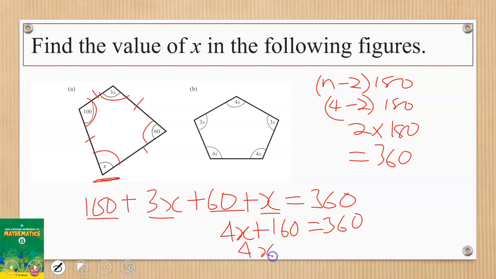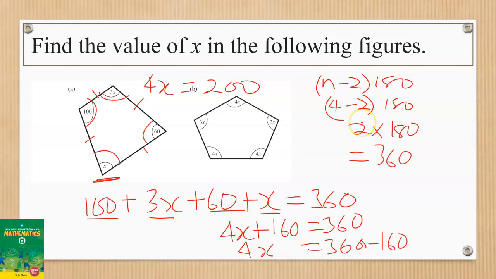When we group like terms, we have 360 minus 160, which gives us 200. And so our 4x is equal to 200. When we divide both sides by 4, our x becomes 50. That is our answer for the first question.